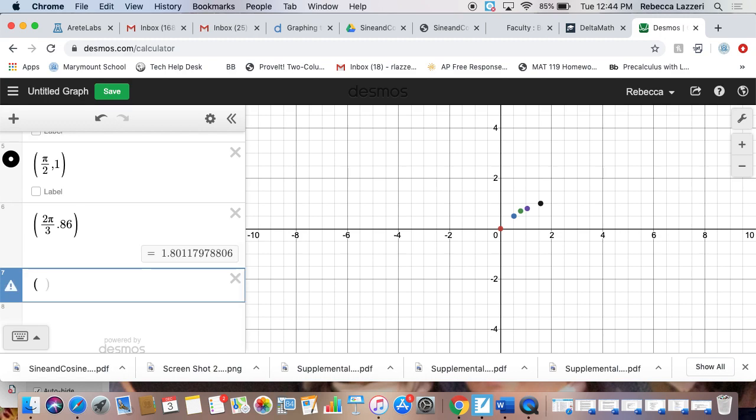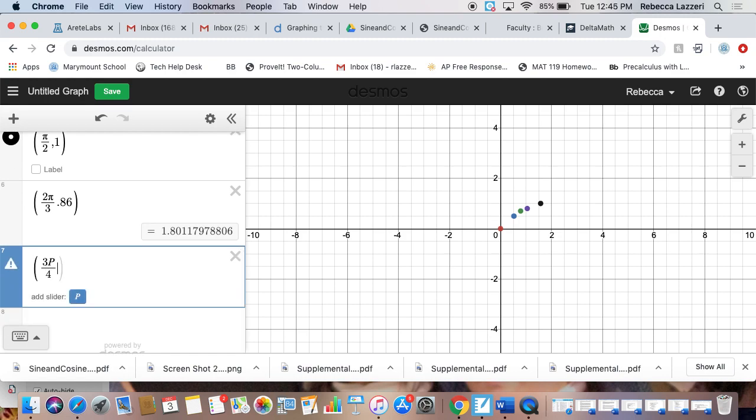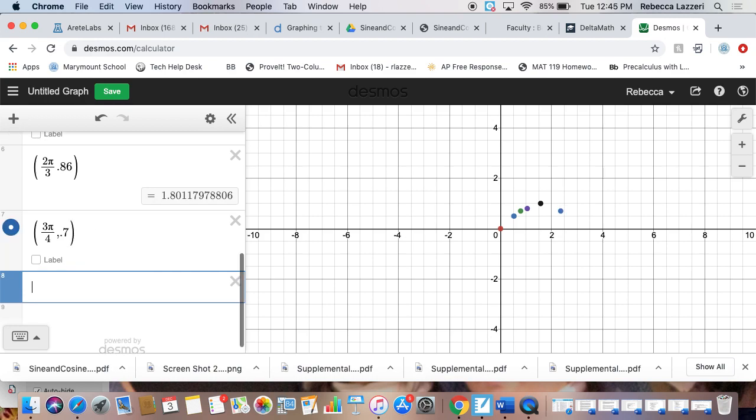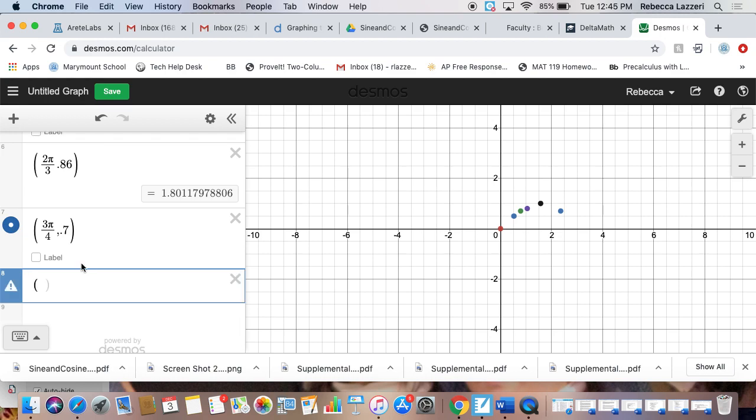All right, next. 3 pi over 4, 0.7. And then 5 pi over 6, 0.5.